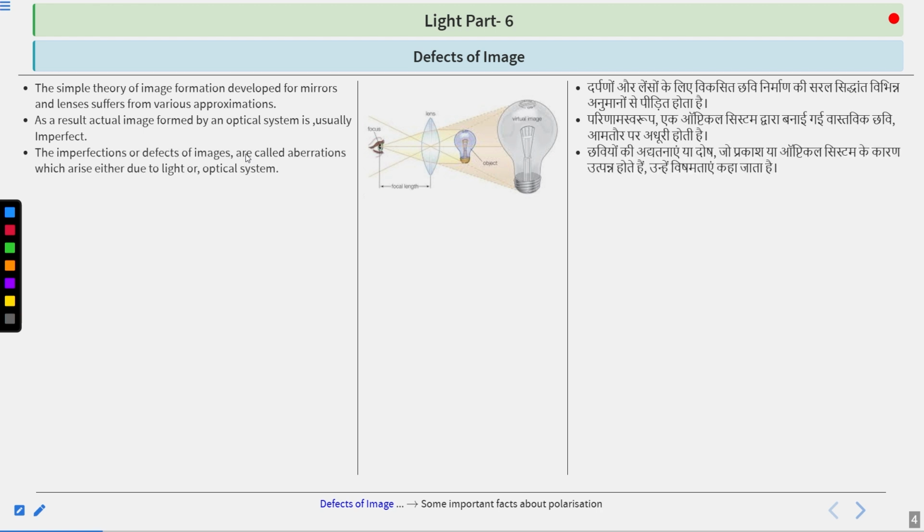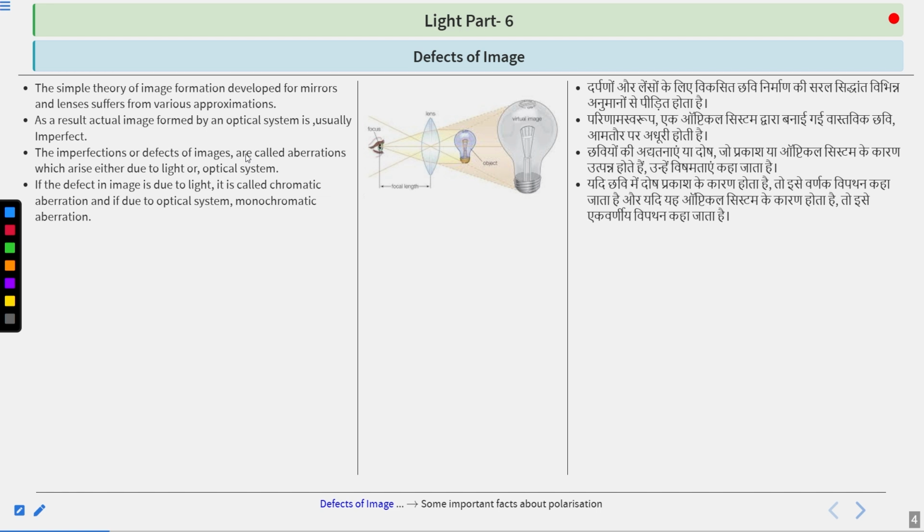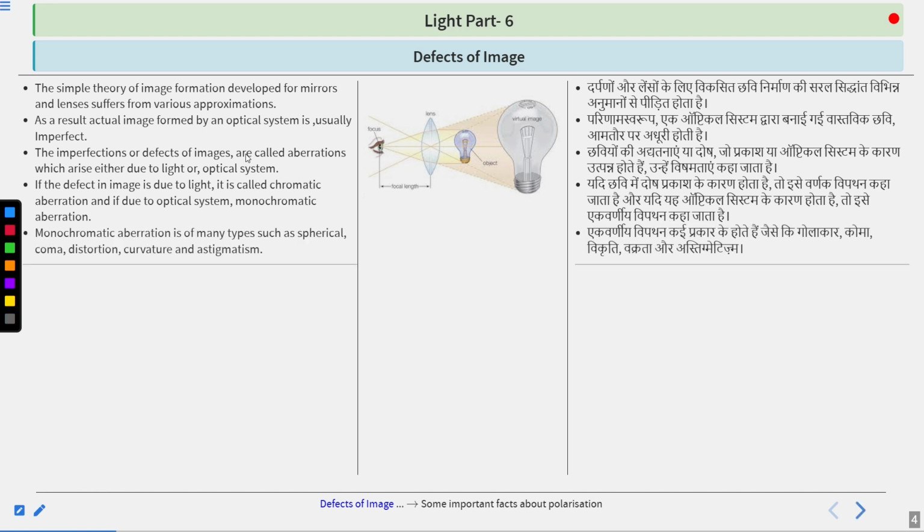The imperfections or defects of image are called aberrations, which arise either due to light or the optical system. If the defect in image is due to light, it is called chromatic aberration, and if due to optical system, monochromatic aberration. Monochromatic aberration is of many types such as spherical, coma, distortion, curvature and astigmatism.